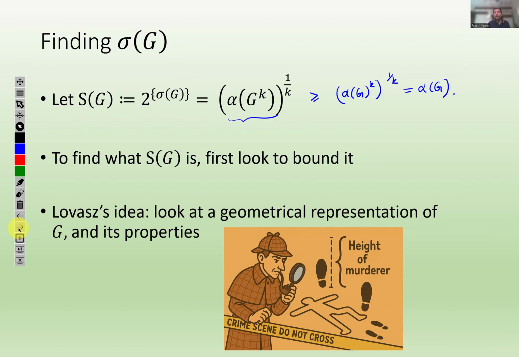But by looking at the footmarks of the criminal, the size of the door, and other things around the crime scene, he makes a clever estimate of the height of the criminal and possibly even his identity. That is the geometrical representation that Lovasz gives. You should think of it as these footprints that guide you to what the actual value of S of G should be.